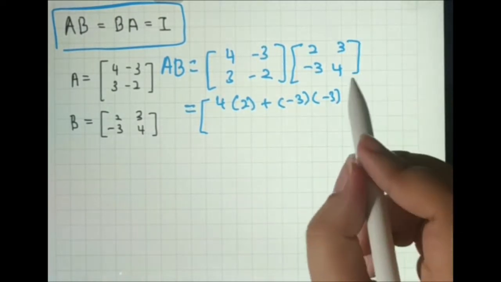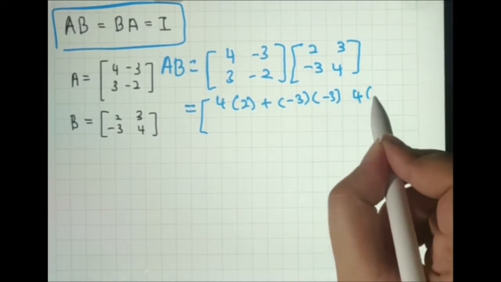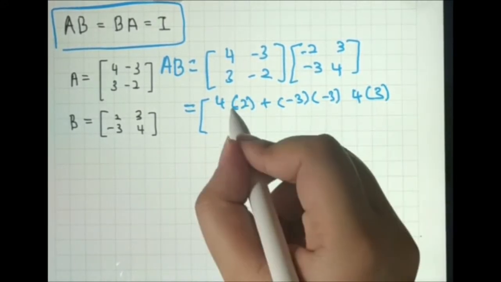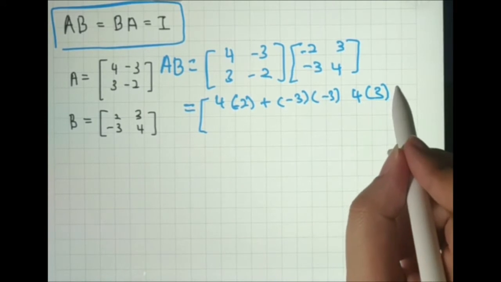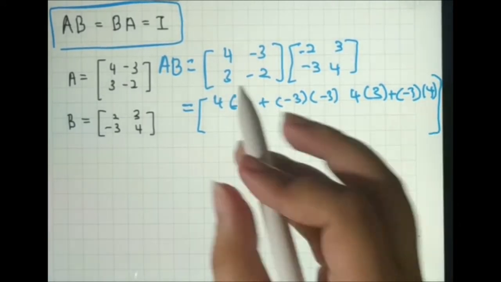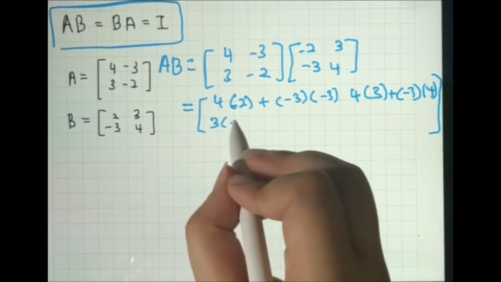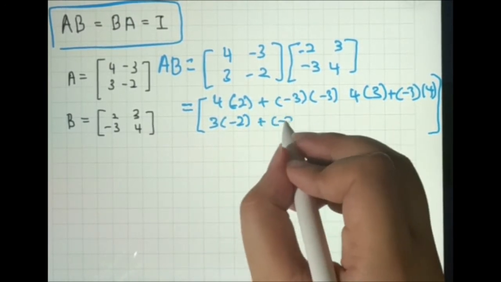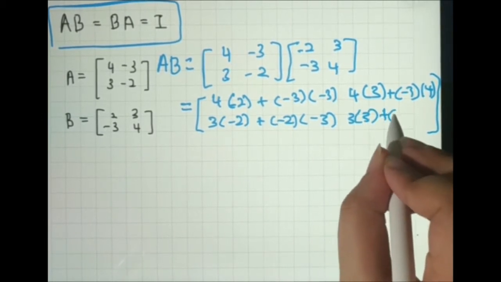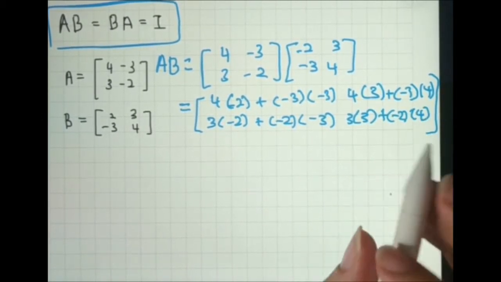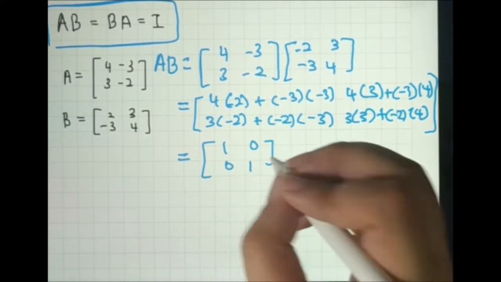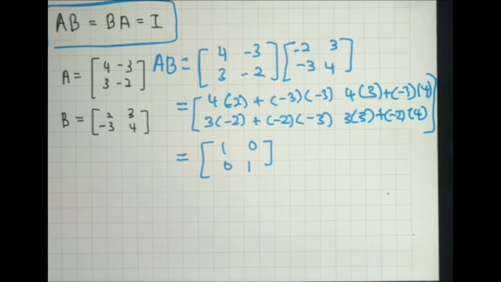And we have 4 times 3 plus negative 3 times 4. Then 3 times negative 2 plus negative 2 times negative 3, and 3 times 3 plus negative 2 times 4. Okay, our final answer would be 1, 0, 0, 1. Isn't it the identity matrix?